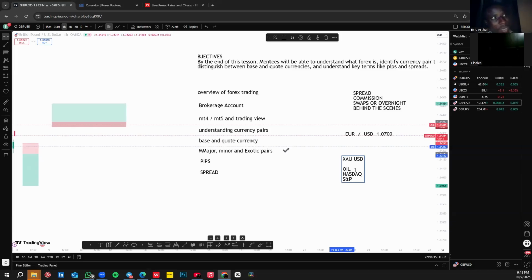You see gold pairing with the pound, with the Japanese currency, with the Swiss francs. But the one that moves like wood is the gold, the XAUUSD, the one with the dollar.